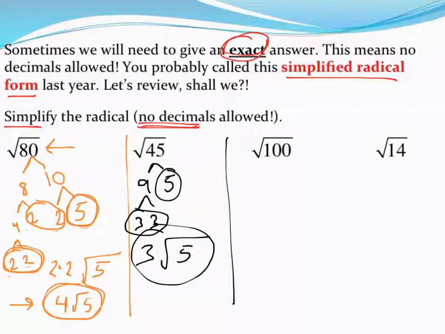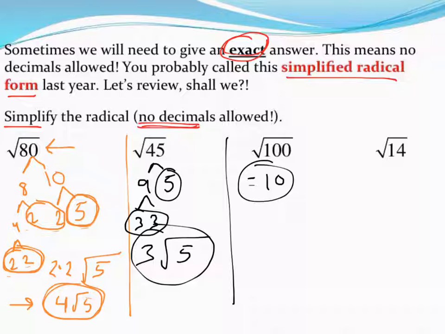When we get to something like the square root of 100, I always ask people to just stop. Stop thinking. Don't remember all this stuff I told you. Don't worry about calculators, exact answers. Just stop and answer the question, what's the square root of 100? And hopefully, right away, you just say, well, it's 10. So if we have a number that's a perfect square, you don't have to do a factor tree. Just say the square root of 100 is 10.